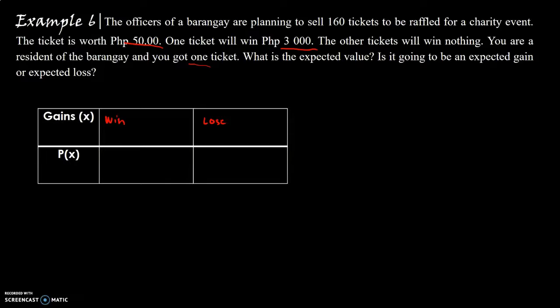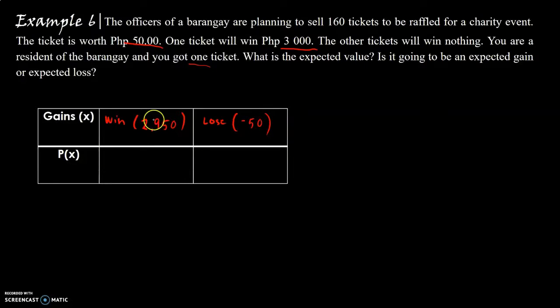So your net gain when you win is equal to 3,000 minus 50, and that is 2,950 pesos. Okay? And when you lose, of course, you lose 50 pesos. So that is reflected as negative 50.